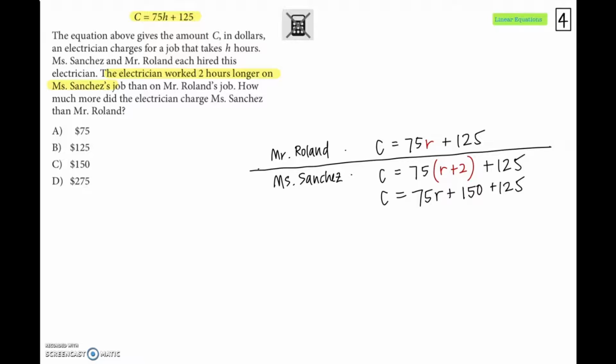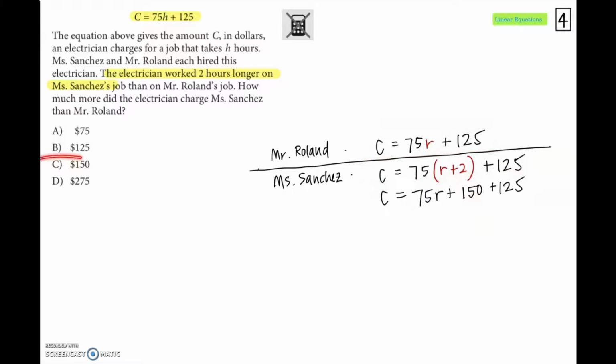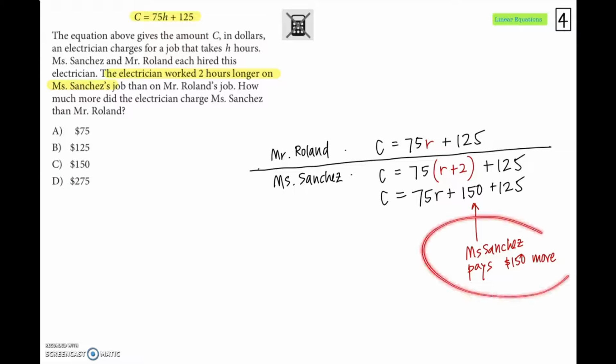This is the cost for Mr. Rowland, and the cost for Miss Sanchez is almost identical, but you've got an extra $150 in there. So automatically I can see that she's going to pay $150 more.